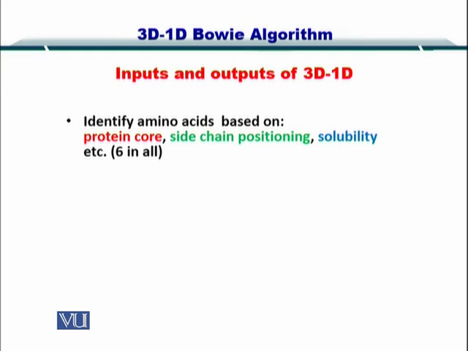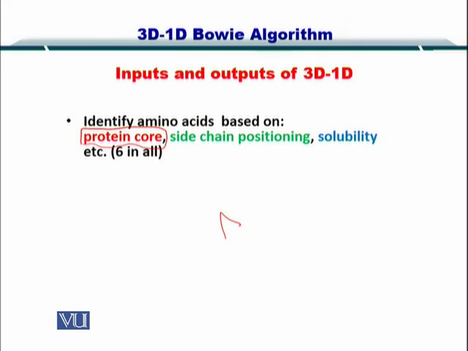So towards the 3D-1D algorithm, the inputs and outputs are as follows. So the first thing that you need to do is identify the amino acids that are there in the protein core.